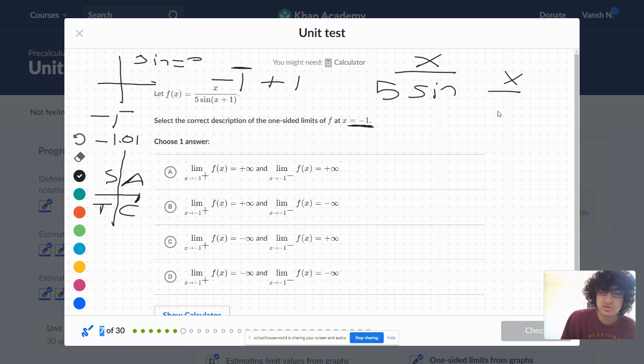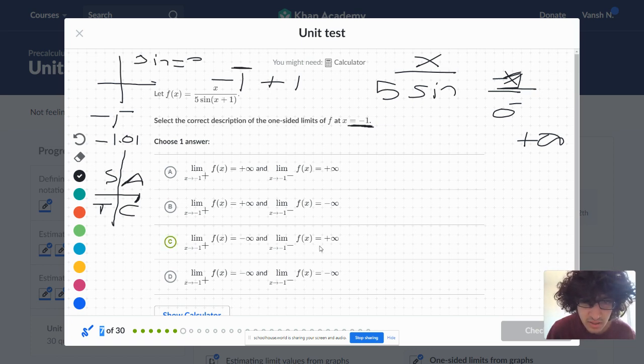So it would be x over negative 1 over 0 negative, which should go to positive infinity. But I'm just going to check this using the calculator. So negative 1.01 plus 1, and then we have negative 1 divided by that. Yeah, so this should be positive infinity. So from the left-hand side, it will be positive infinity.